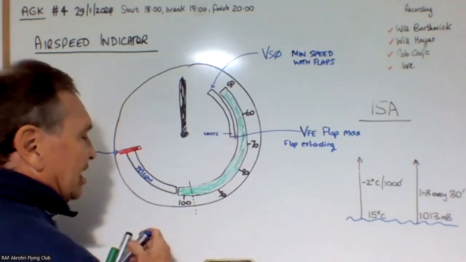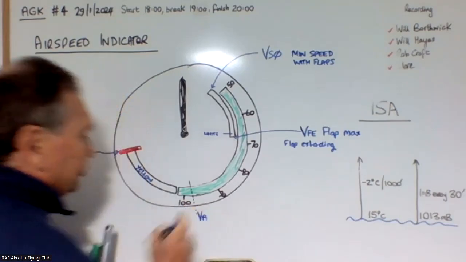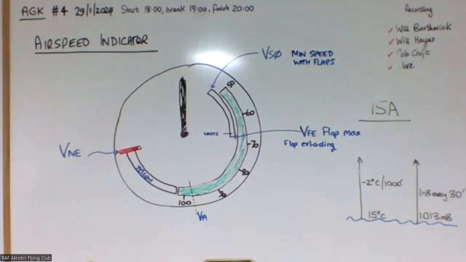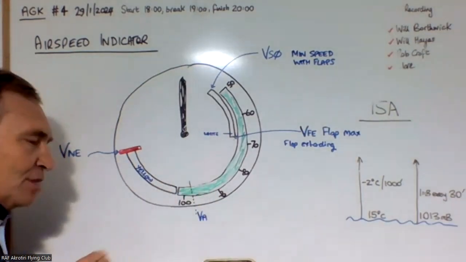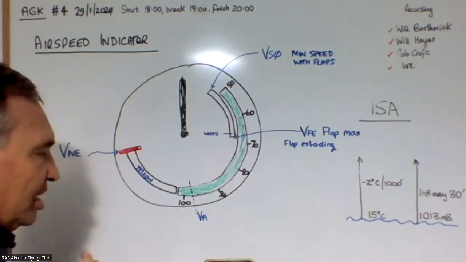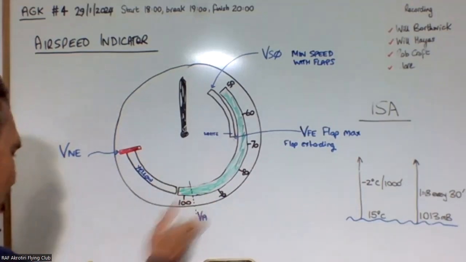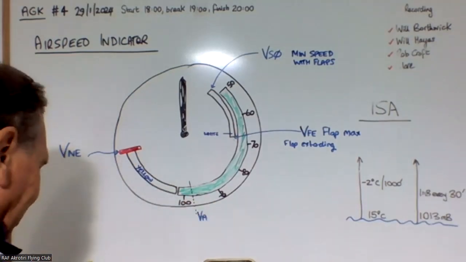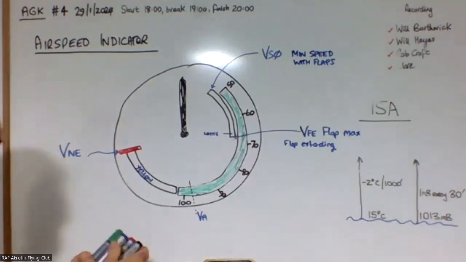And this is VA, which is the maximum speed that you can go in turbulence. And it's normally a function of how strong the rudder is on an aircraft. So that's basically your speed.